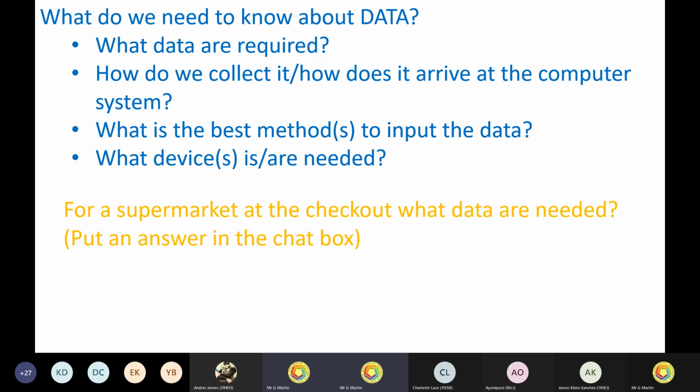But I want to ask the question, what data is needed to enter into the computer system at the checkout about a product? So you've got a product at the checkout, you're going to buy it, and the checkout assistant is going to enter it into the computer system. I'll give you a clue, perhaps by a scanner. What is the data that's needed? Put it into the chat box now.